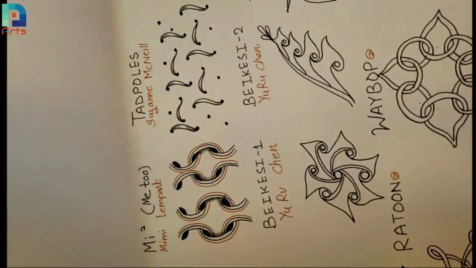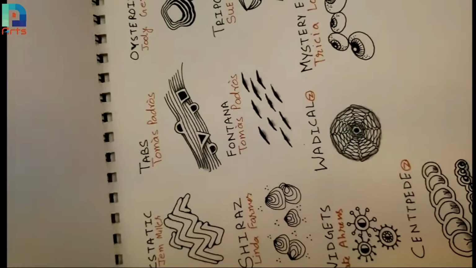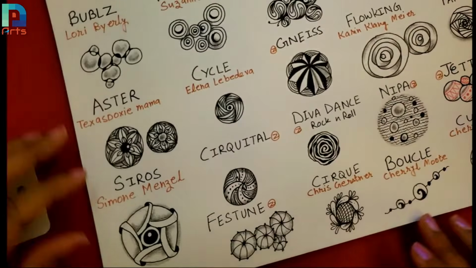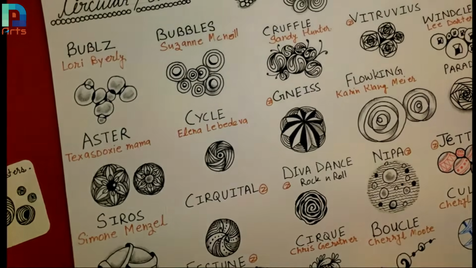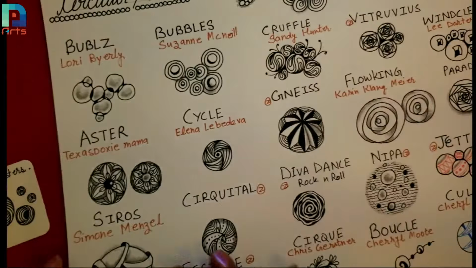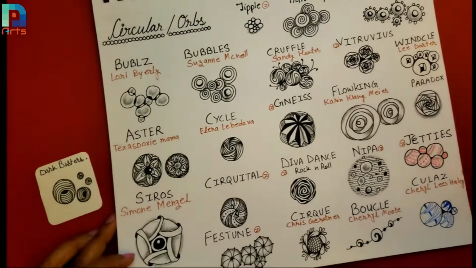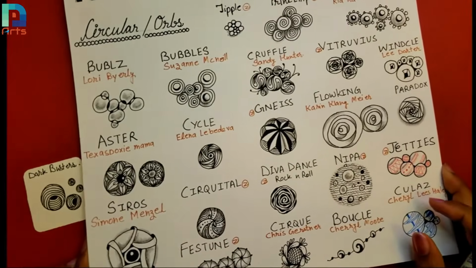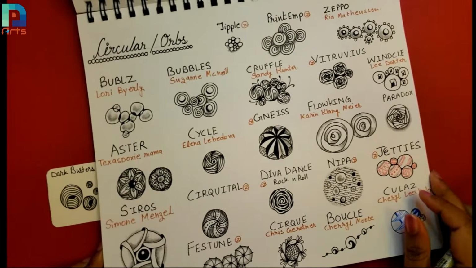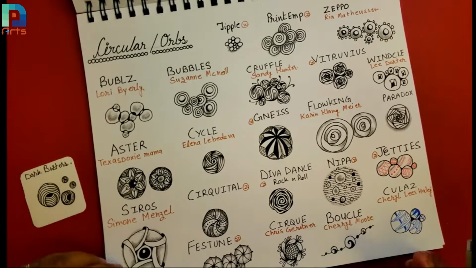I'm looking for the circle and orb tangle where I want to really add this one. Like all tangles are kind of circular shapes. Sometimes while preparing for your artwork, we are looking for a particular shape, and this is a very basic and very important shape in drawing any kind of abstract art.